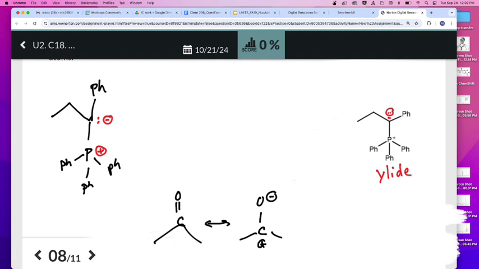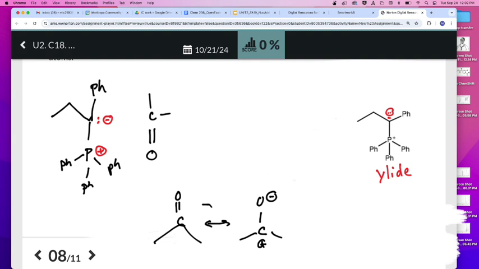Which means if I'm now going to take my Wittig and react it with a carbonyl, what do I want to do? Align my negative and positive. So I'm going to take my carbonyl and drop my oxygen down here, my carbon up there. This now aligns those charges in the proper space.